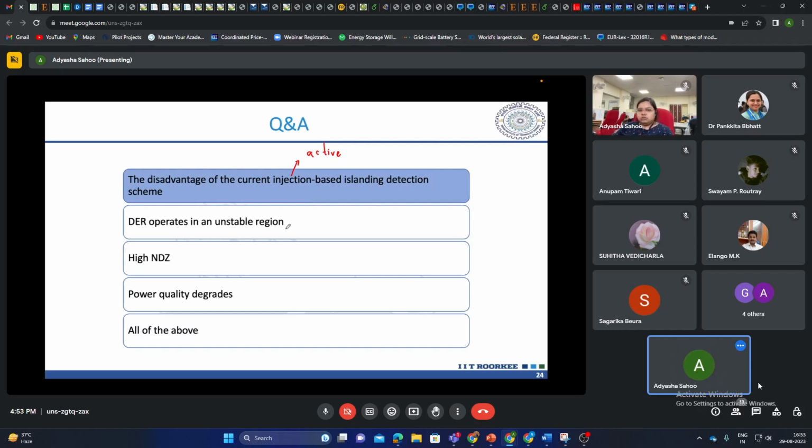Anyone? Power quality degrades, ma'am. Okay, we got one power quality degrades. Anyone else?